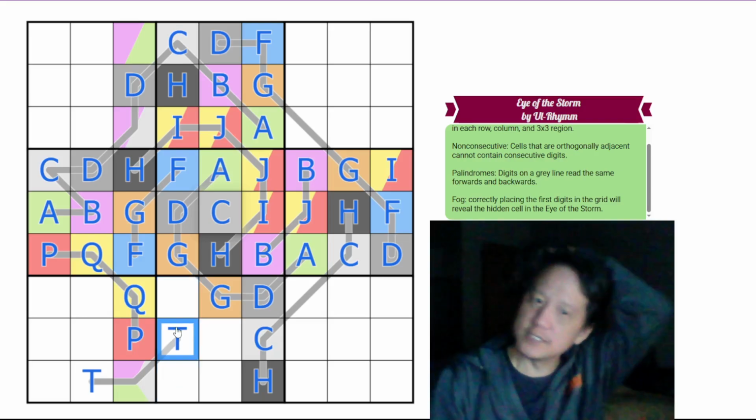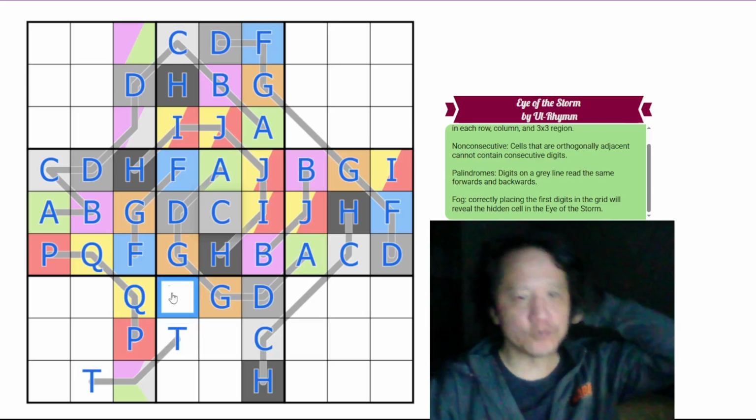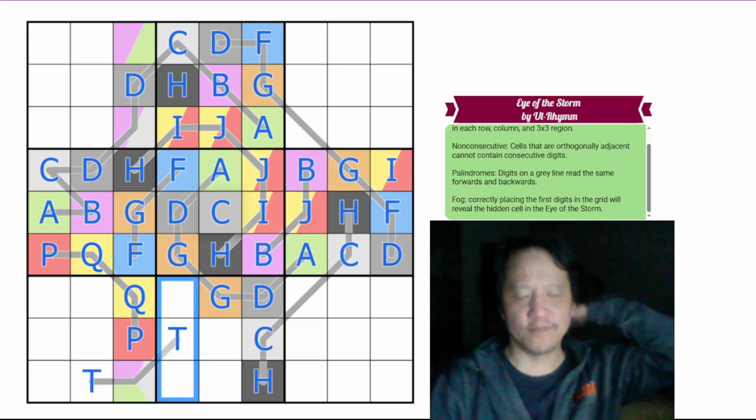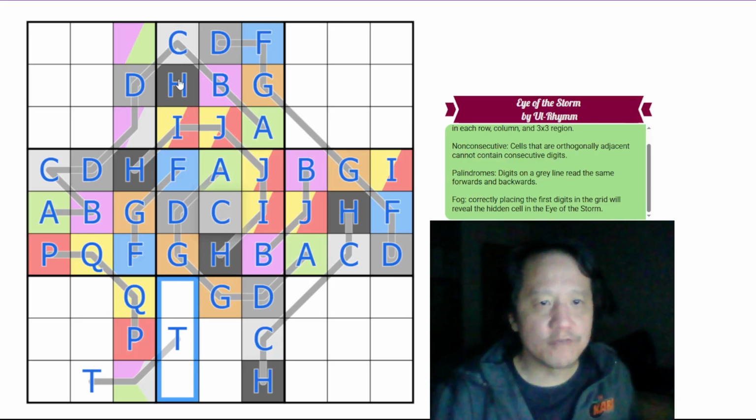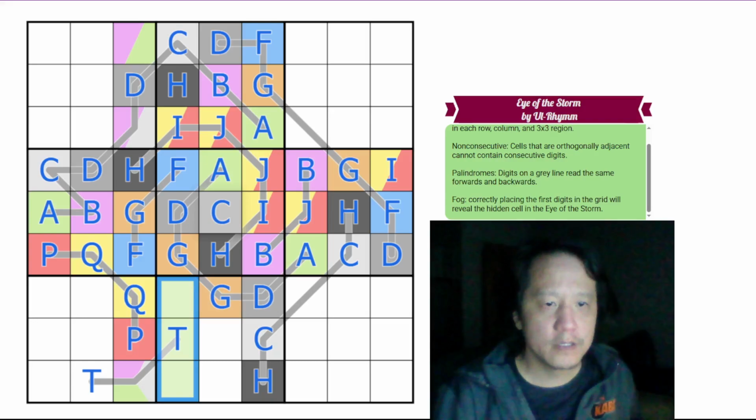T, what can T be? So remaining colors in column 4. We have no light, no medium, no dark. It could be green, pink, not orange, or red or yellow. Green, pink, red, or yellow.